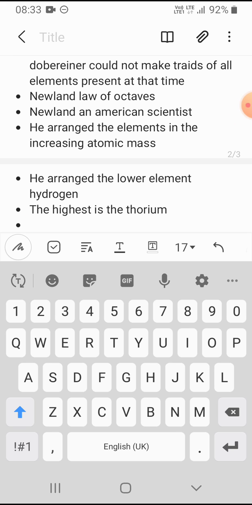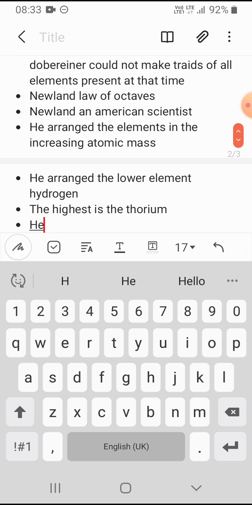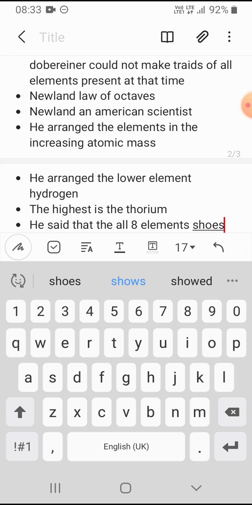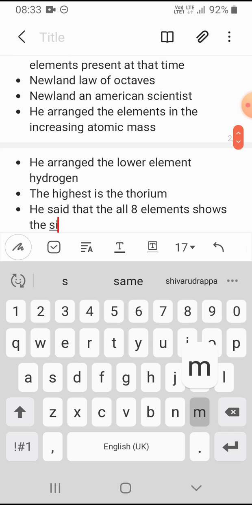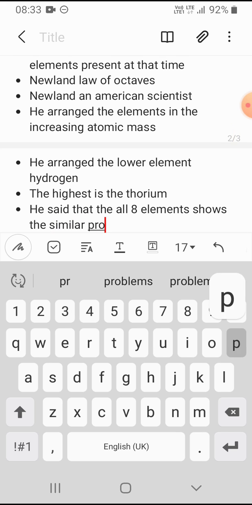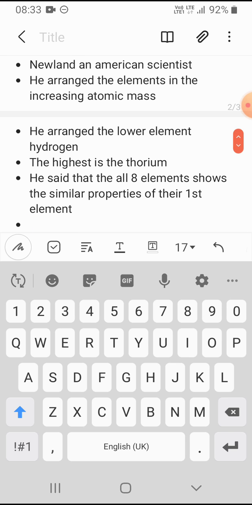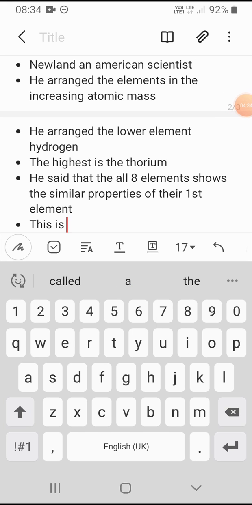What he did was, he said that in every group of eight elements, the eighth element shows similar properties to the first element.